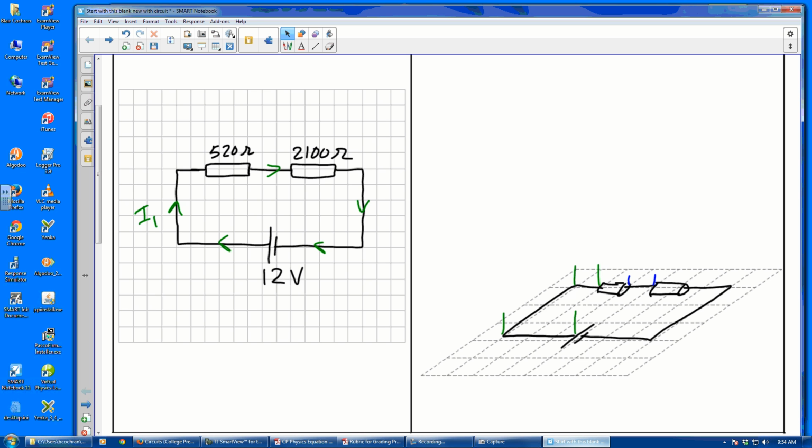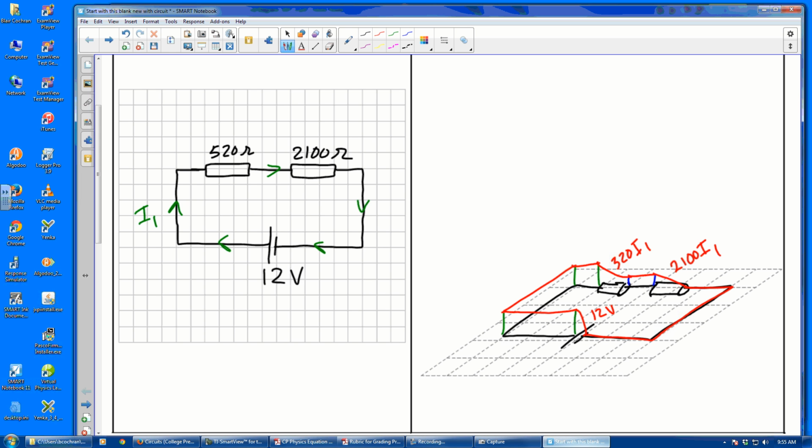And then it drops all the way down to 0 on the backside. So all of this is at 0. So we go up there, over and over and down, and then let's see, this would be 12. This would be 520 I1. And this would be 2100 I1.